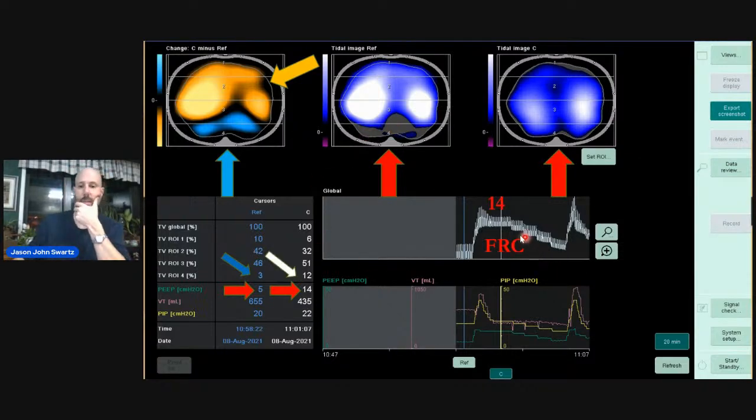Under here, this represents the FRC. Here, we could see when we went up from 5 up to 14. And then after we start going down, so we actually go down to 12, 10, 8, 6, and you can see how this stays straight, the impedance value? It means that the recruitment is maintaining. They dropped to 12.